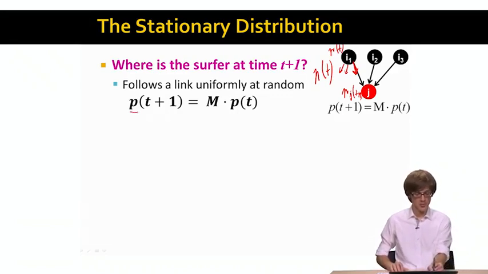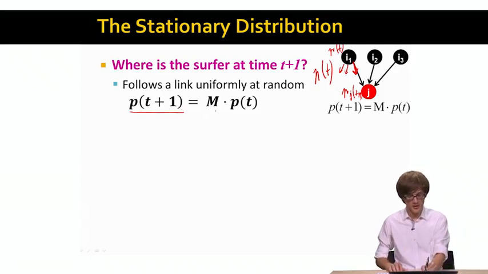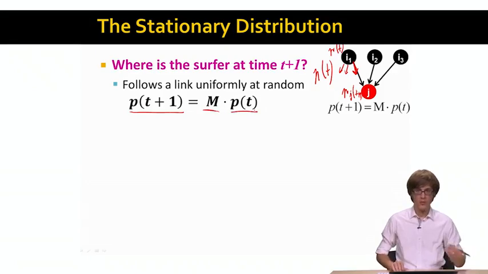So the probability distribution of where the random walker resides at time t plus 1 is simply our matrix M times the probability distribution where the random walker was at time t.